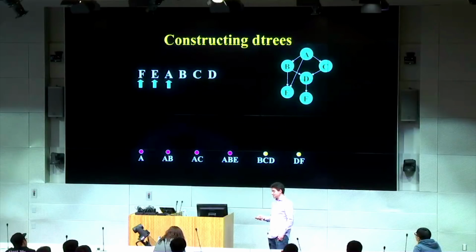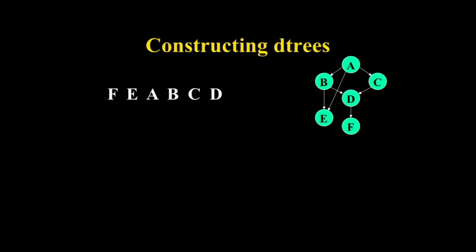You know, all of this fine animation, we have to make use of it. So the purpose of this is to show you how to construct a D tree for a Bayesian network from a variable elimination order while giving a guarantee.